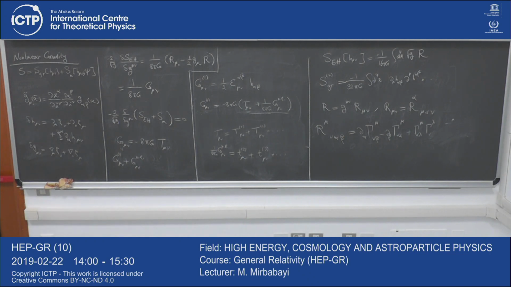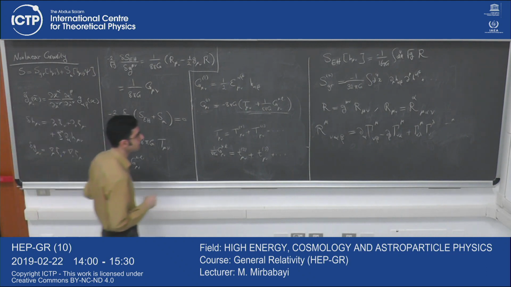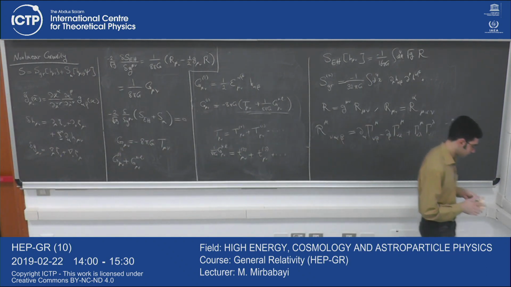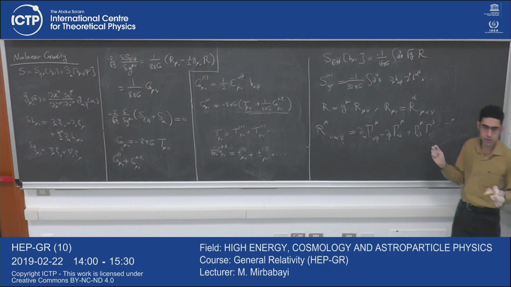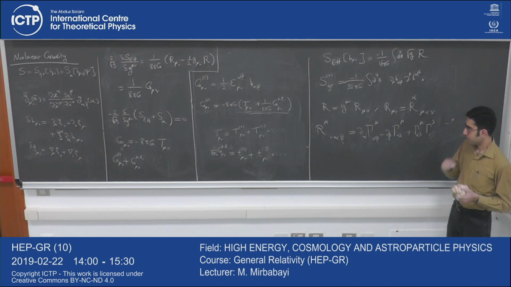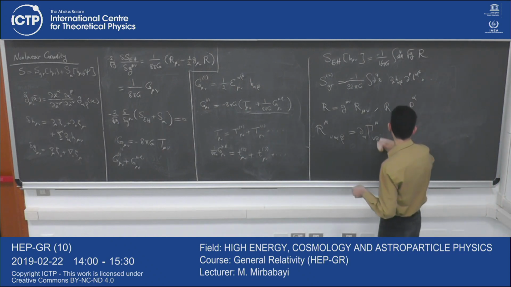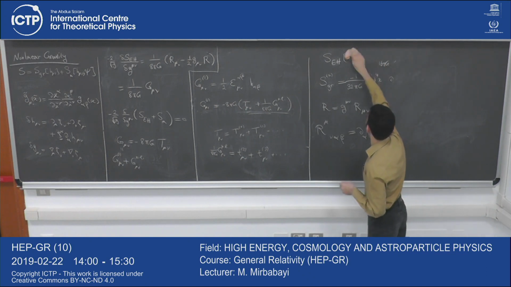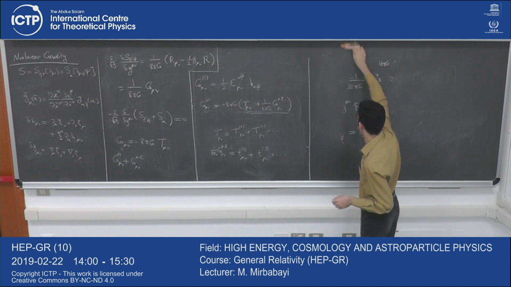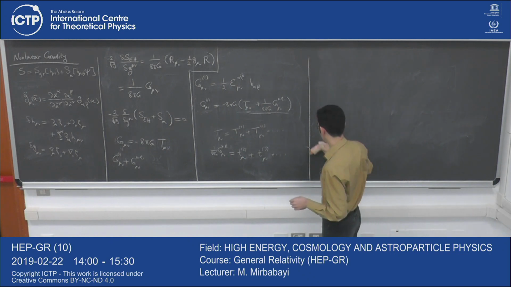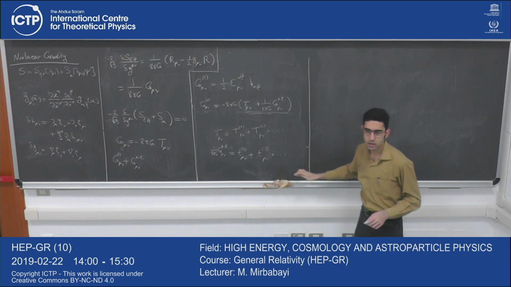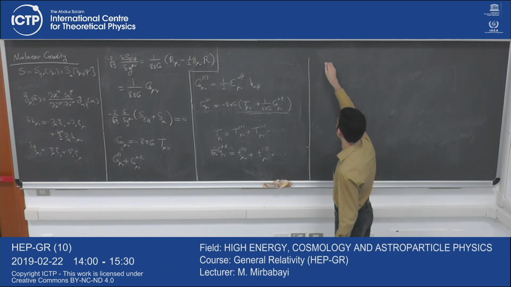So one last thing to discuss is whether we have some conserved energy and momentum that we can associate to some solution. Before, when we were discussing Noether's theorem, we saw that if we have a conserved energy-momentum tensor, we defined some conserved charges.